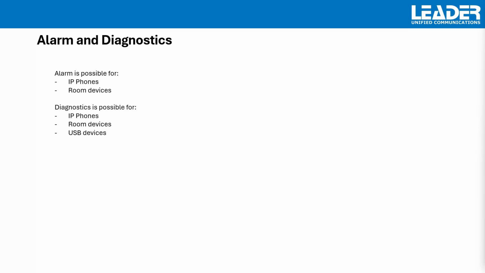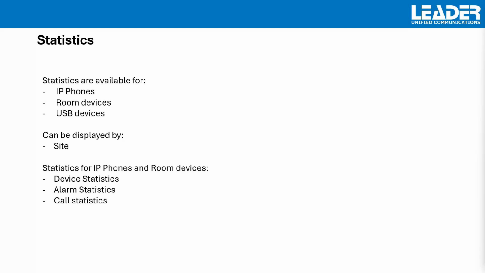There as well, you can configure the time frame on how long a device has to be offline until an alarm is, for example, sent out so that you know the device is offline. Diagnostics is possible for IP phones, room devices, and USB devices.